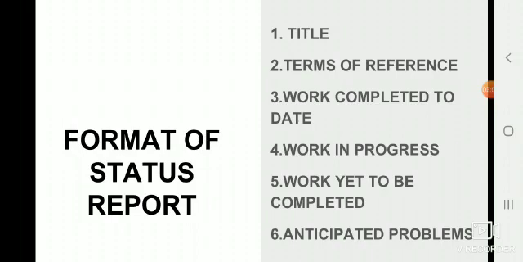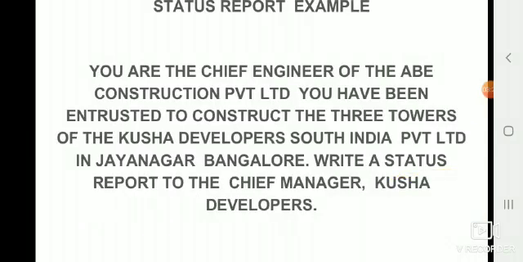There are 6 points which you need to observe. Number one, title. Number two, terms of reference. Number three, work completed to date. Number four, work in progress. Number five, work yet to be completed. Number six, anticipated problems. So you have to remember this format.